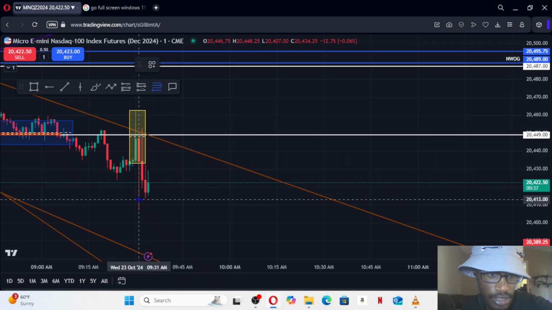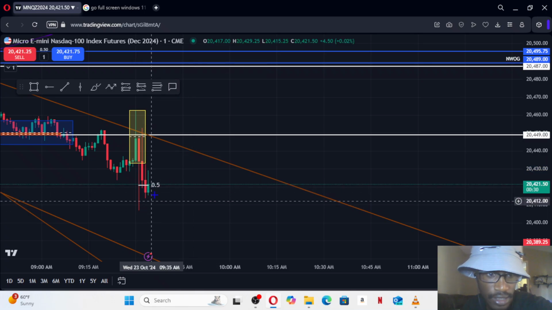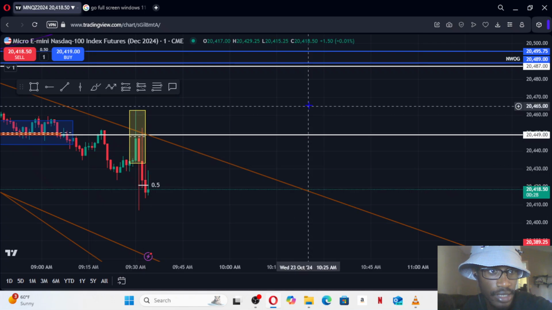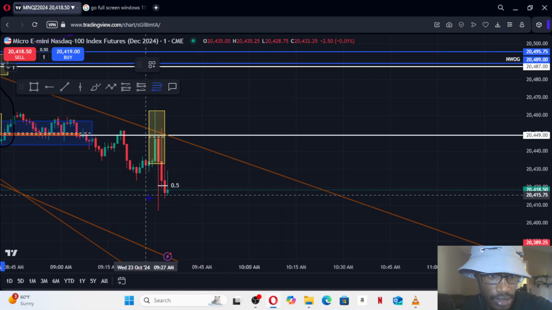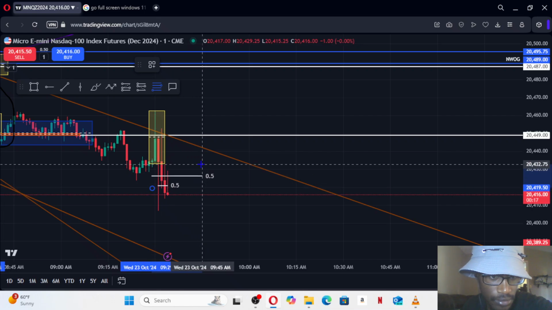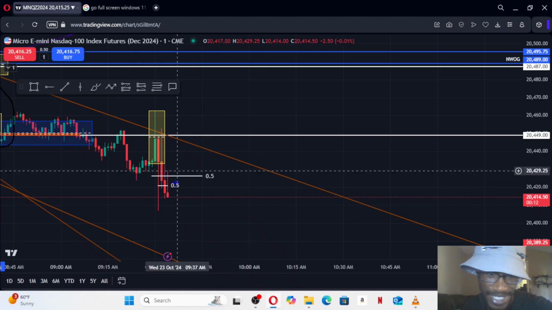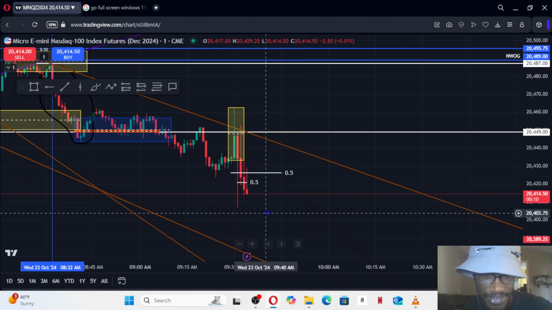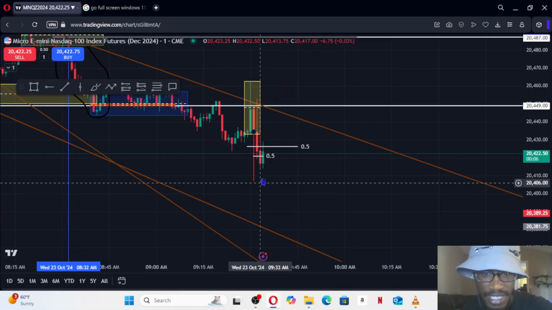Then this long wick as well, so you can draw 50% of it. See what it does. We got it closed below, so it should continue lower. And there's probably some kind of setup on the lower time frame as well. That would probably be somewhere within this 50%. So let's see if it takes out the low.